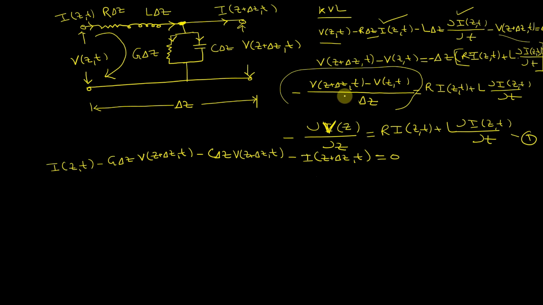Similar to the voltage equation, take the current terms on the left hand side and the other two terms on the right hand side, and again divide by delta Z. So I am writing it directly.